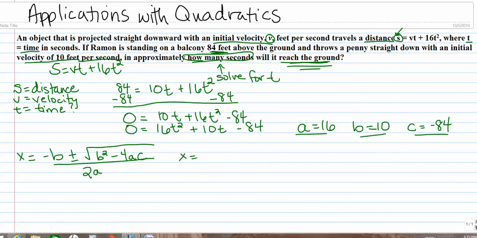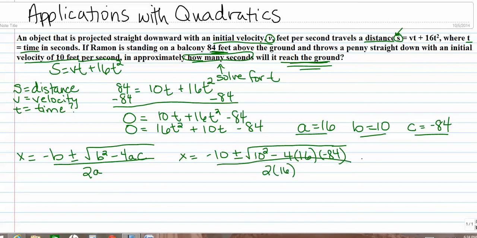Opposite of b, so opposite of 10, plus or minus the square root of b squared. Well, that's 10 squared minus 4 times a. a is 16. c is negative 84. All over 2 times a.